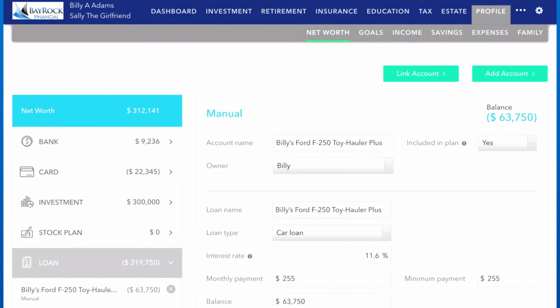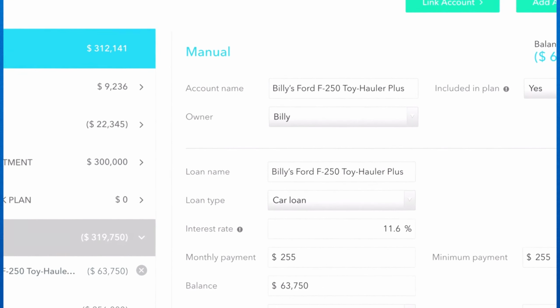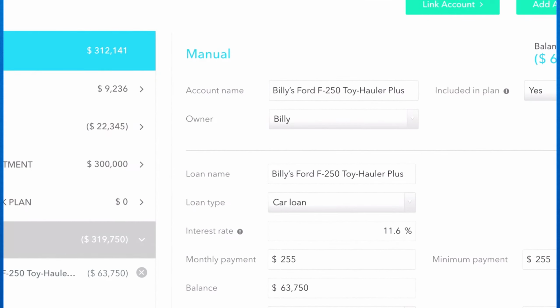Total balance on that is $63,750, which seems like a ridiculous amount of money, but I just wired $50,000 for a vehicle that I'll be buying tomorrow. So total amount of vehicles has gone up significantly. And Billy's, as you can see, was a very, very interesting vehicle.